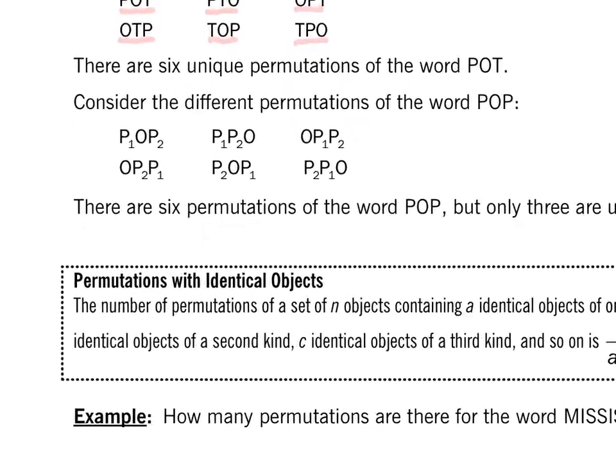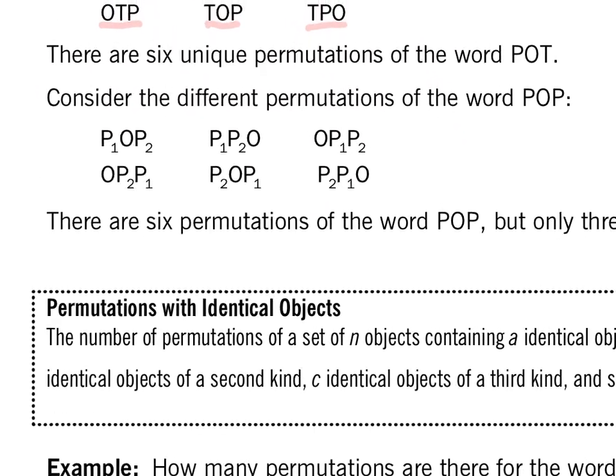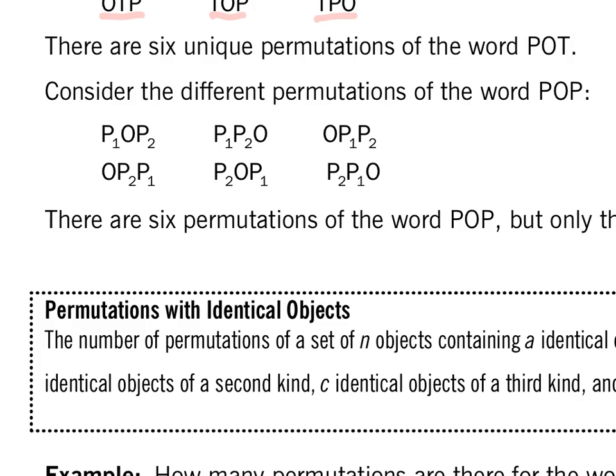Now, what about the arrangements of the letters in the word pop? Now, pop, of course, is different because there's a P, there's an O, and then there's a second P. Now, why is that second P important? Well, let's look at a couple things.